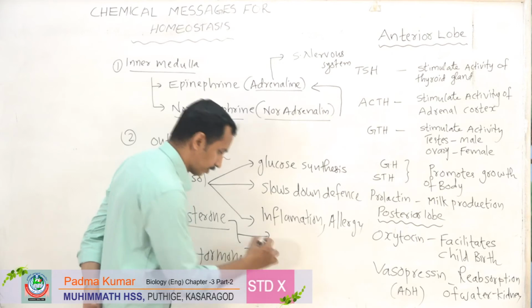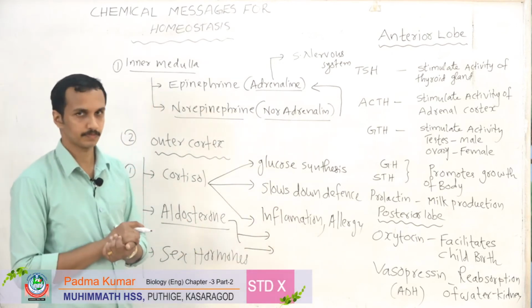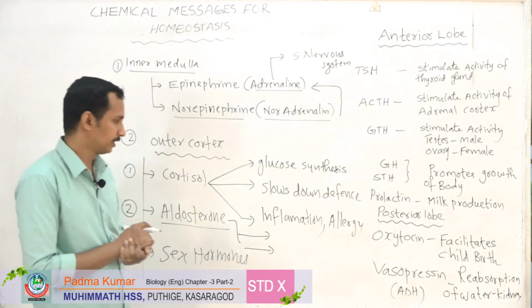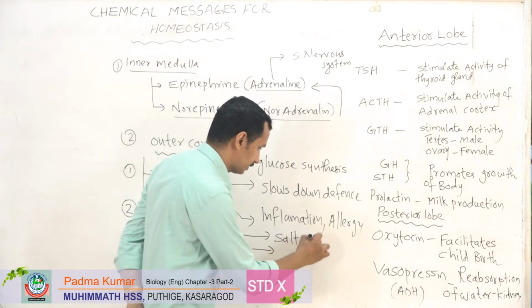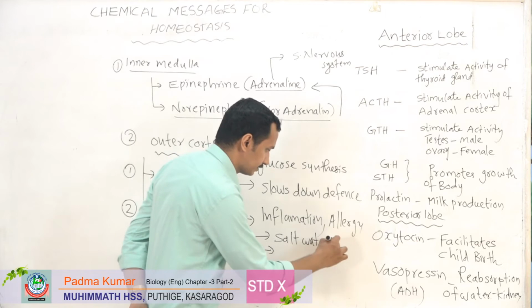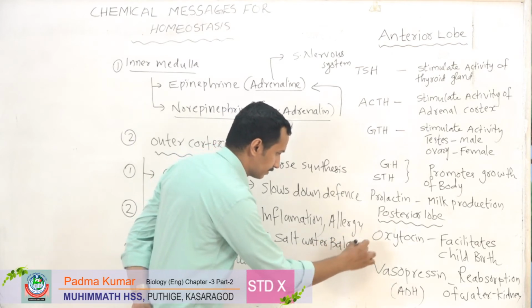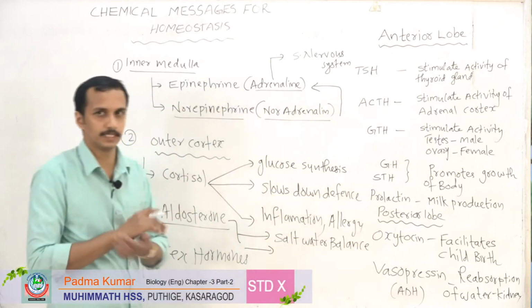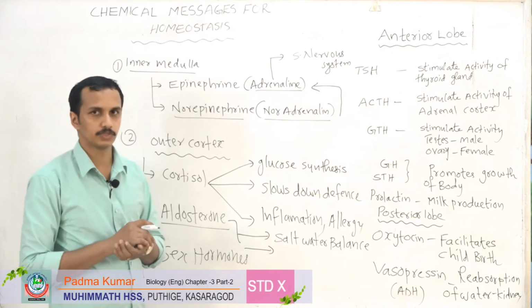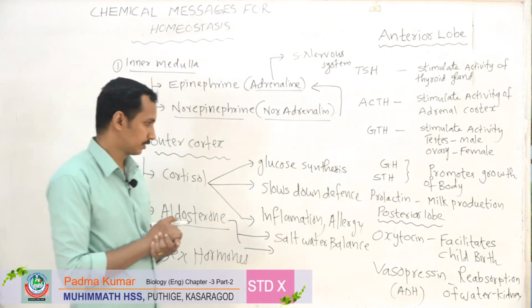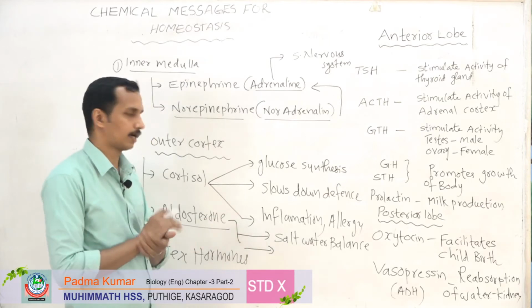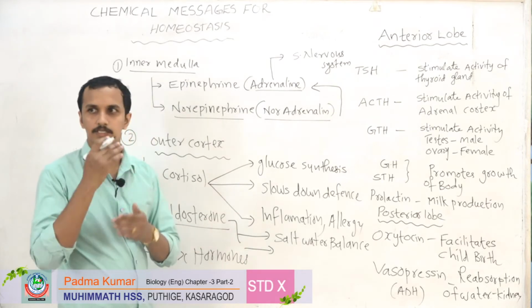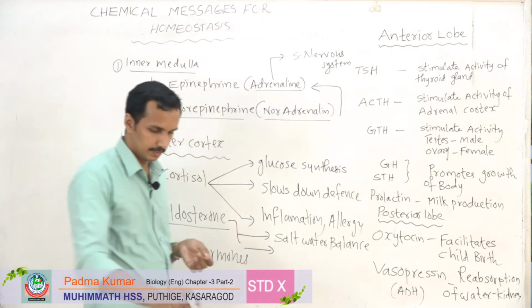Then our second hormone, aldosterone, also performs important functions. First, salt-water balance in the kidney. It is associated with maintaining salt-water balance in the kidney.